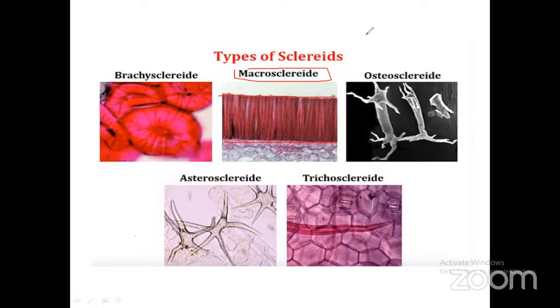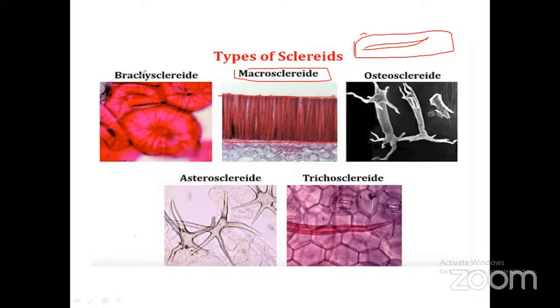That means if we look internally, the lumen appears very narrow, like this, and the cells are elongated. So this is macrosclereid. This type of sclereid is majorly found in the epidermal cells of the seed coat, while brachysclereids are mainly found in fleshy fruit.